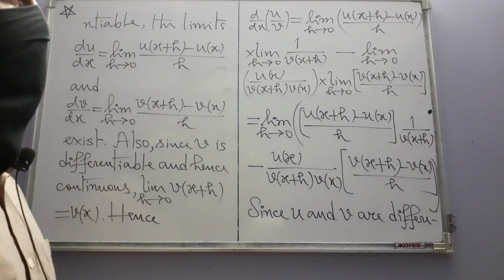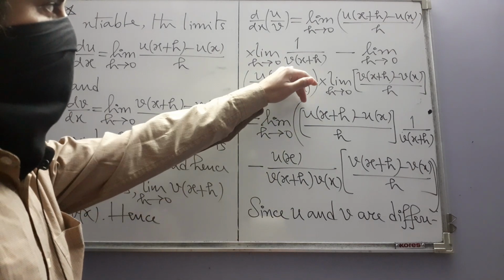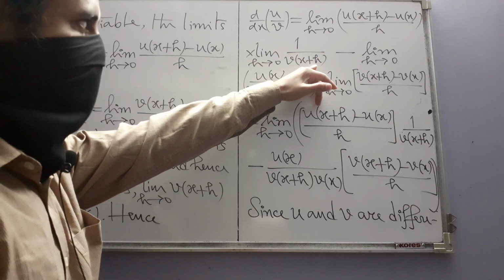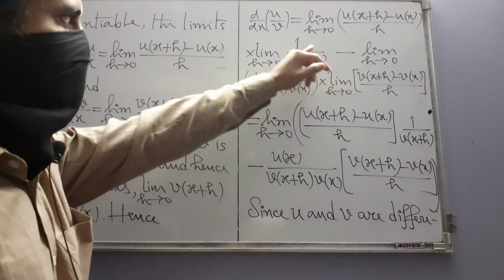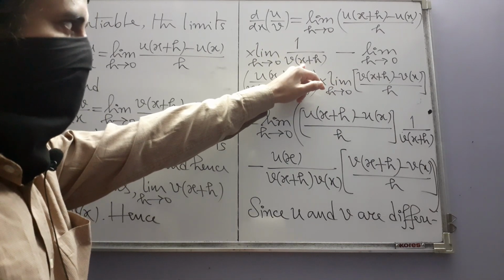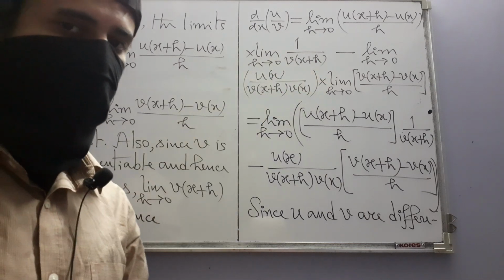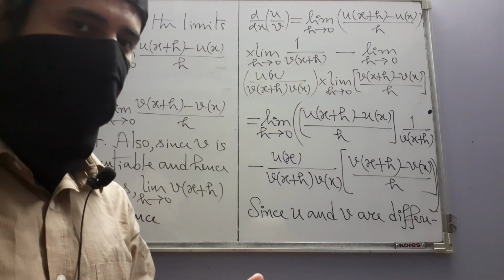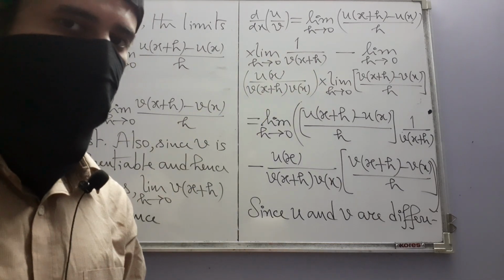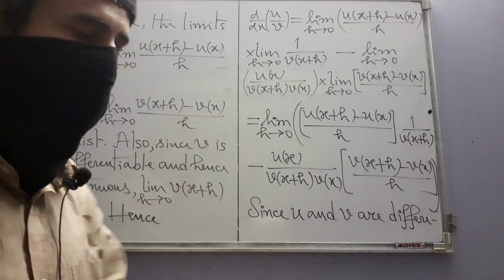If you are wondering what will happen when you write v of x here, will there be any problem because it's in the denominator, but there won't be any problem because v of x is not 0 for any x. v never becomes 0, that was already given in the statement.